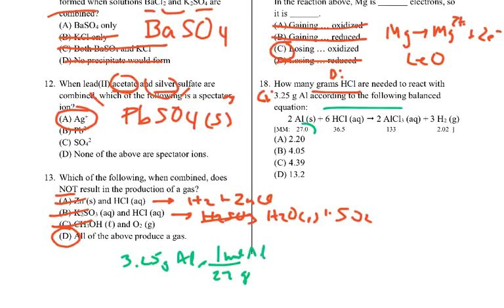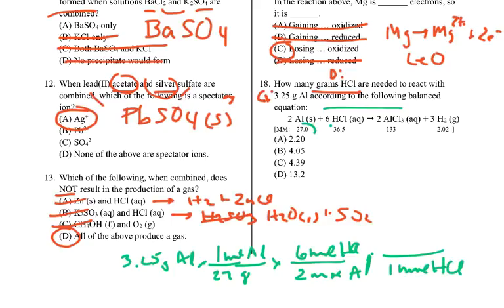of aluminum. Now the heart of the problem says for every 2 moles of aluminum, and I'm trying to get to HCl, there are 6 moles of HCl. And I want grams of HCl, so 1 mole of HCl is 36.5 grams.